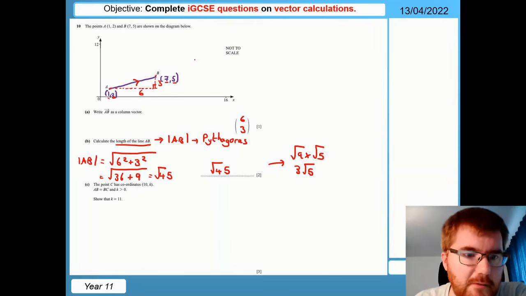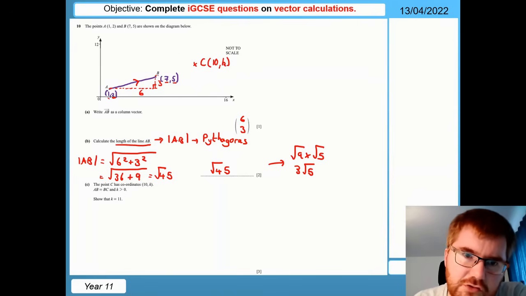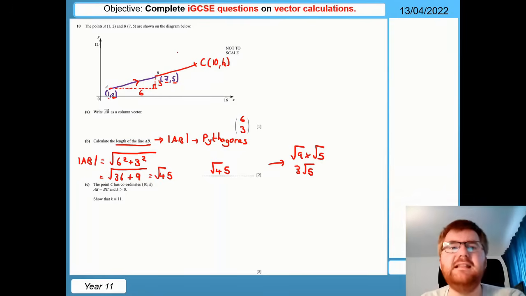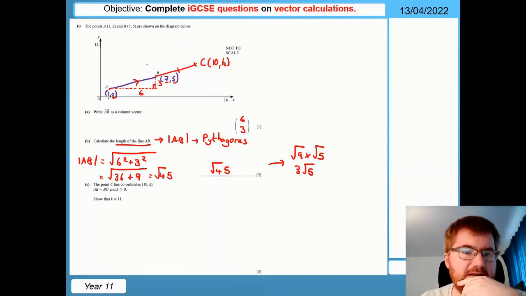So let's come over here, for example, where this could be our point C, again, not to scale by any means, where this is 10 and this is k. Let's join this up as well. And we know the length of this line is the same as this. So AB is equal to BC and k is greater than 0.